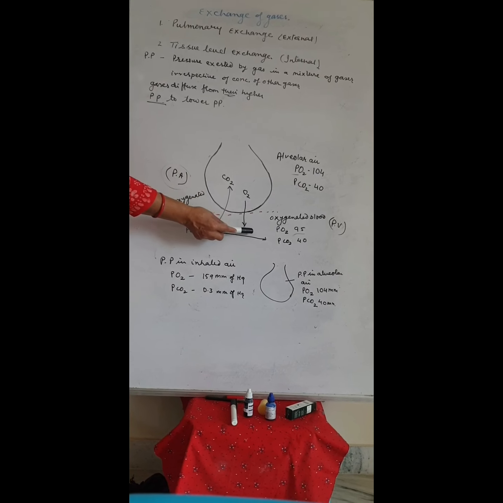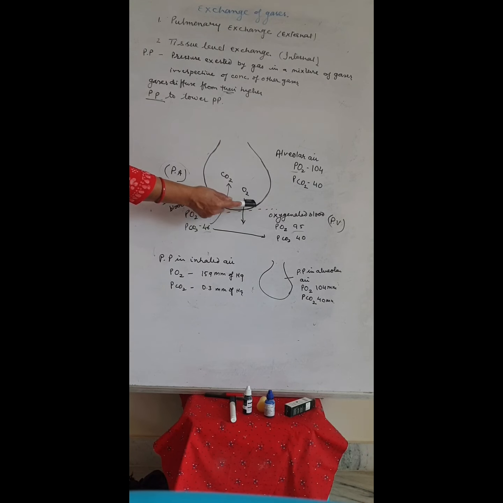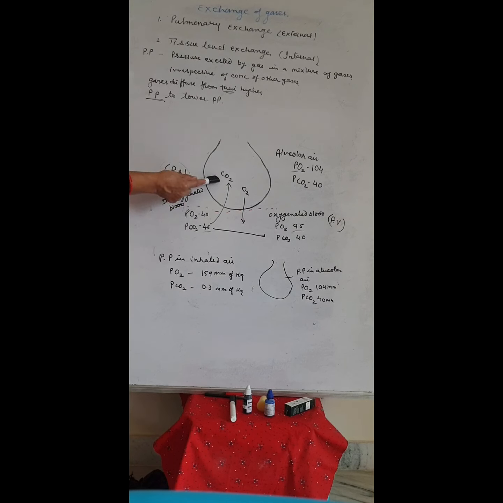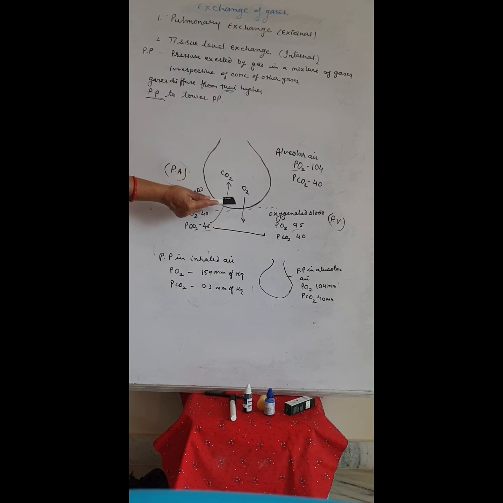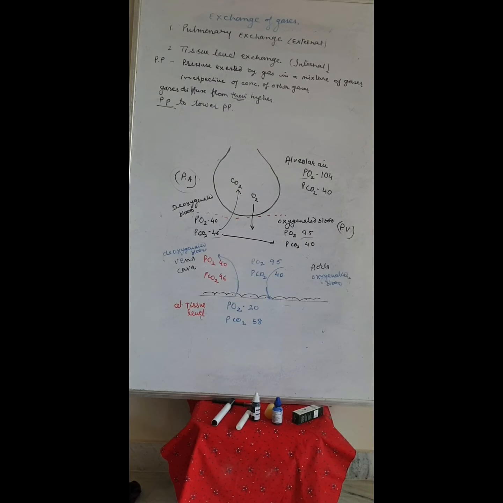The oxygen diffuses into the pulmonary vein and the carbon dioxide from the pulmonary artery to the alveoli. The partial pressure of the gas, from higher to lower, is responsible for the exchange of gases at the pulmonary level.